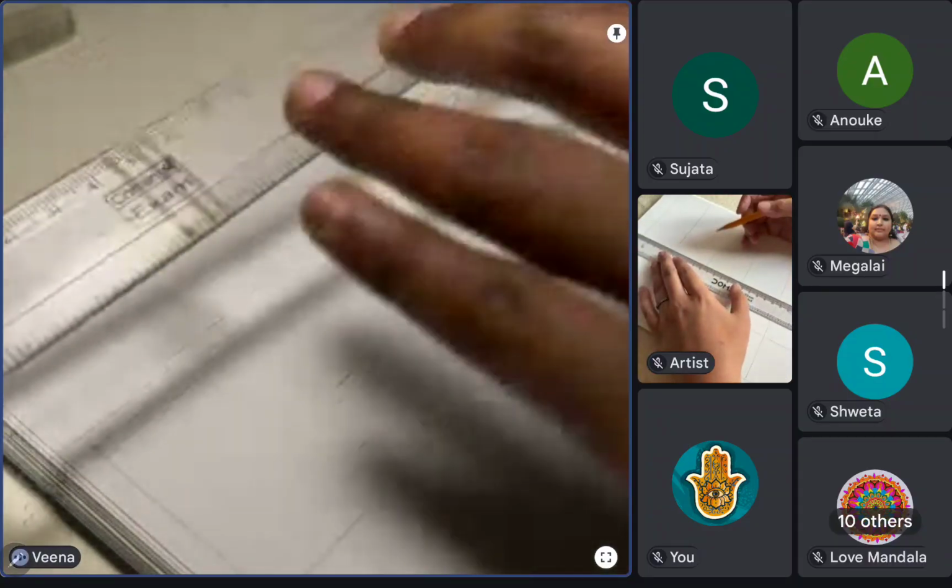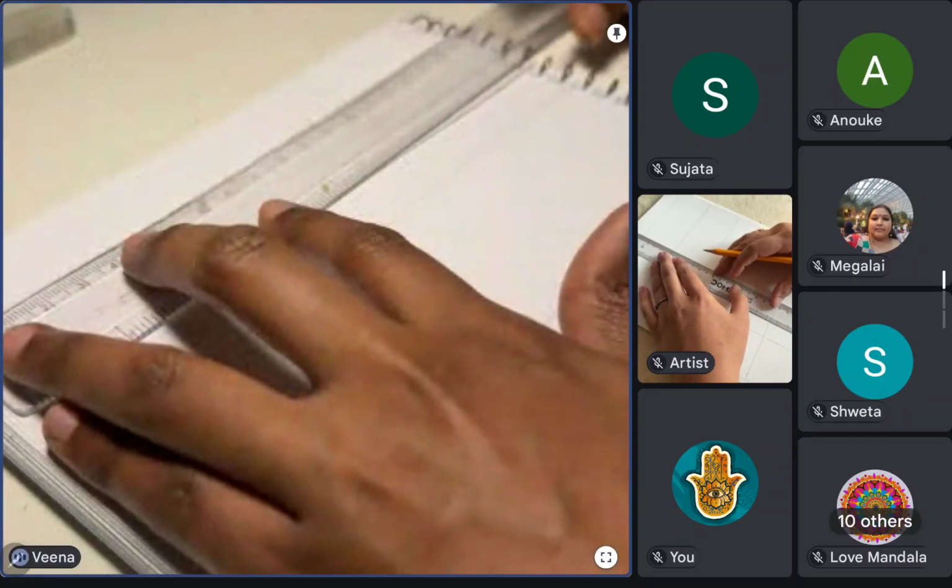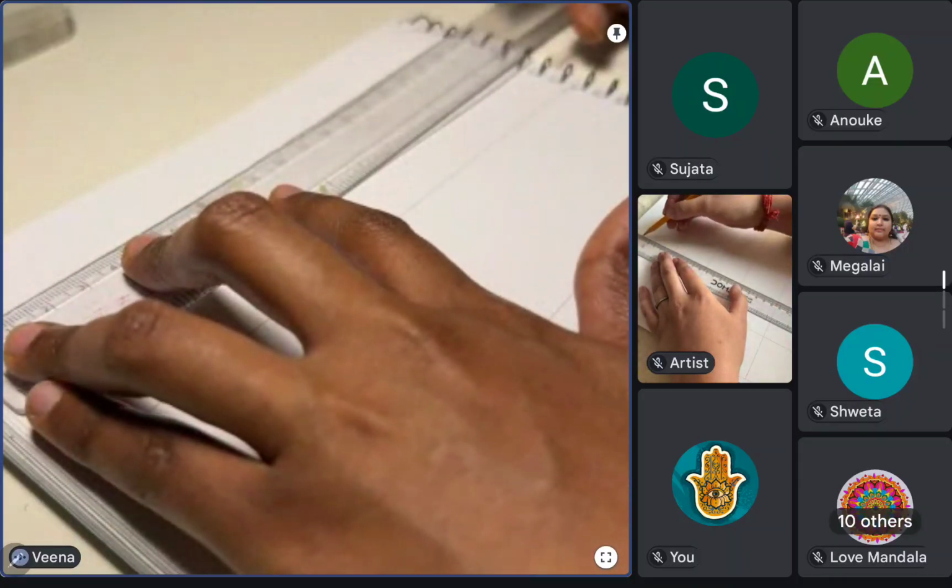Now on the other side where you have the 20 centimeter, just make a marking at every 5 centimeter. So that will give you 4 parts.